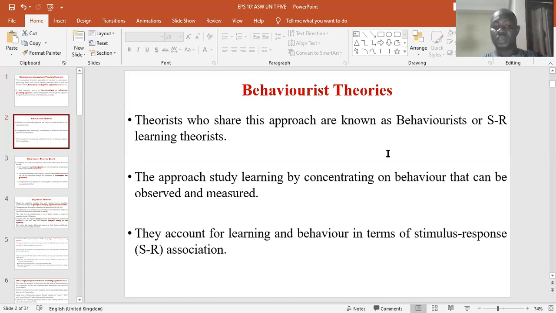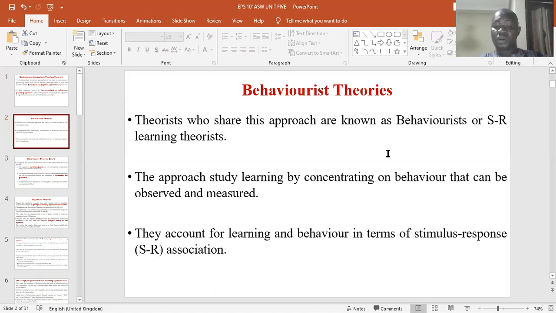According to the behaviorists, the study of learning is about things that we can observe, things that we can measure, things that we can describe, and not things that we cannot see, cannot measure, cannot even observe or describe. So anything observable, describable, measurable is based on the behaviorist view.